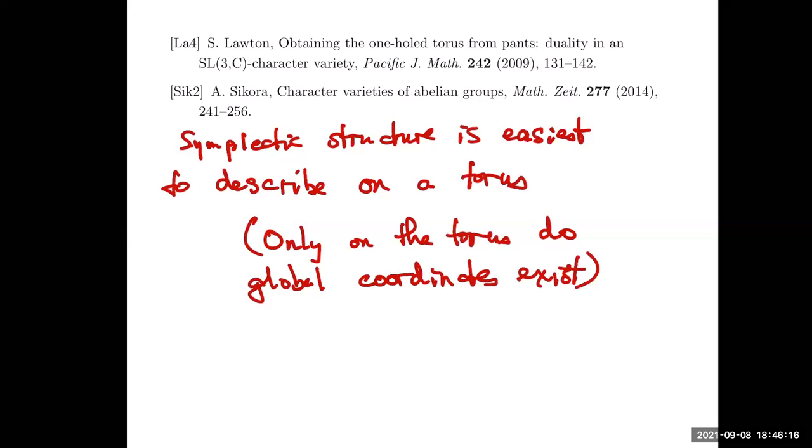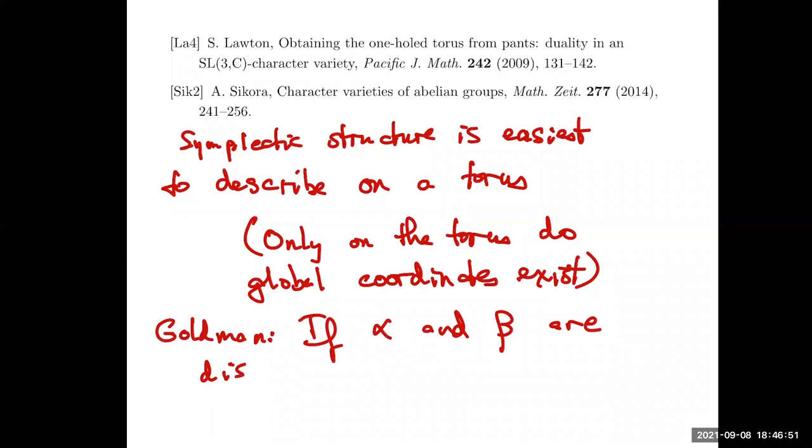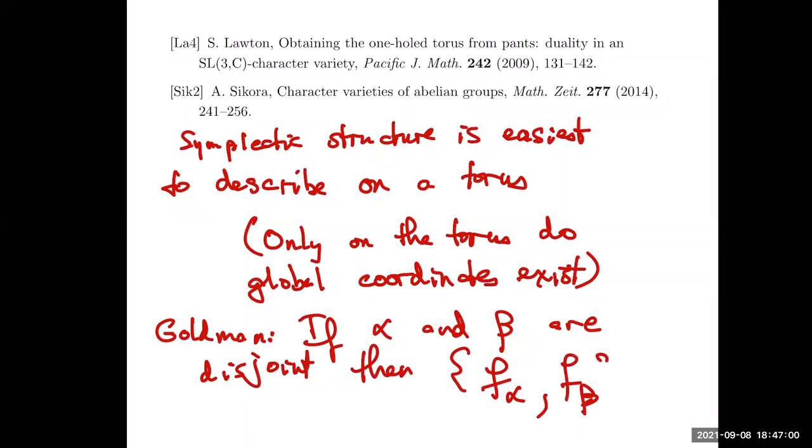So if you have functions which come from one particular loop, then they Poisson commute with any, so Goldman: if alpha and beta are disjoint, if they don't intersect, then the corresponding functions Poisson commute.